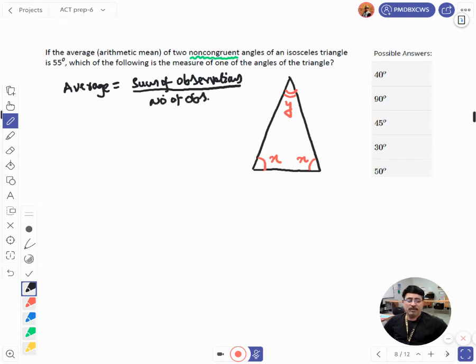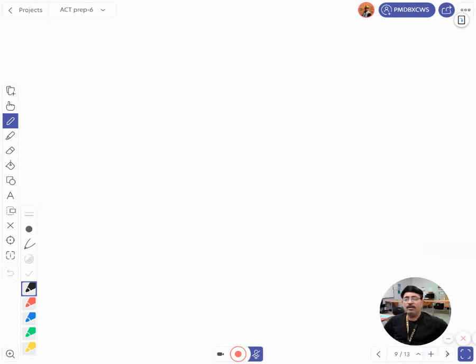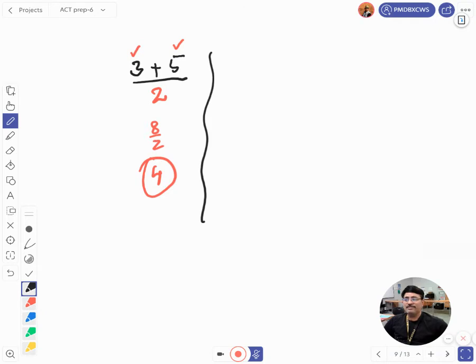Let me really quickly give an example. Suppose you got 3 out of 5 in one test, and 5 out of 5 in another test. To find the average, we combine these two, and please notice that we are taking two values, therefore division by 2. So 8 divided by 2, so your average score is 4. Maybe another quick example.